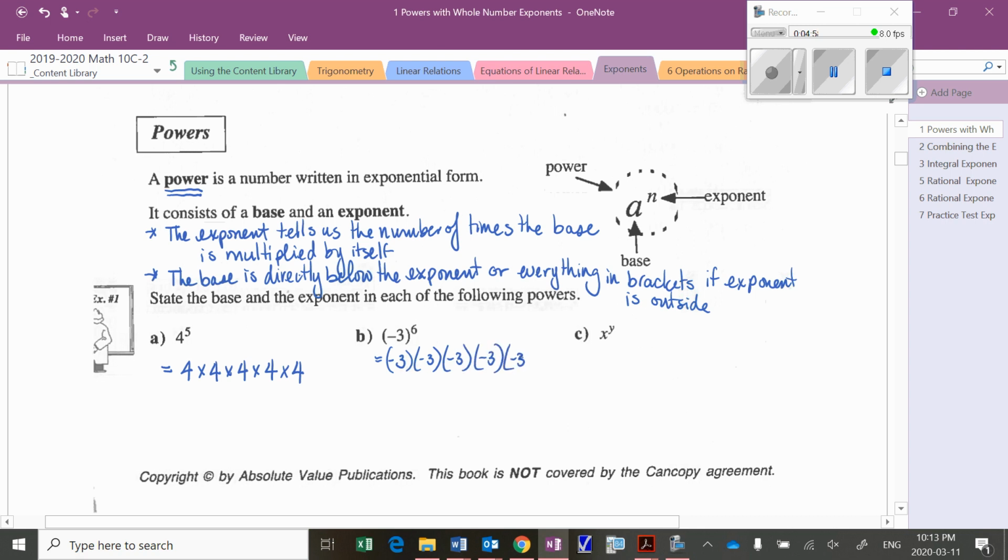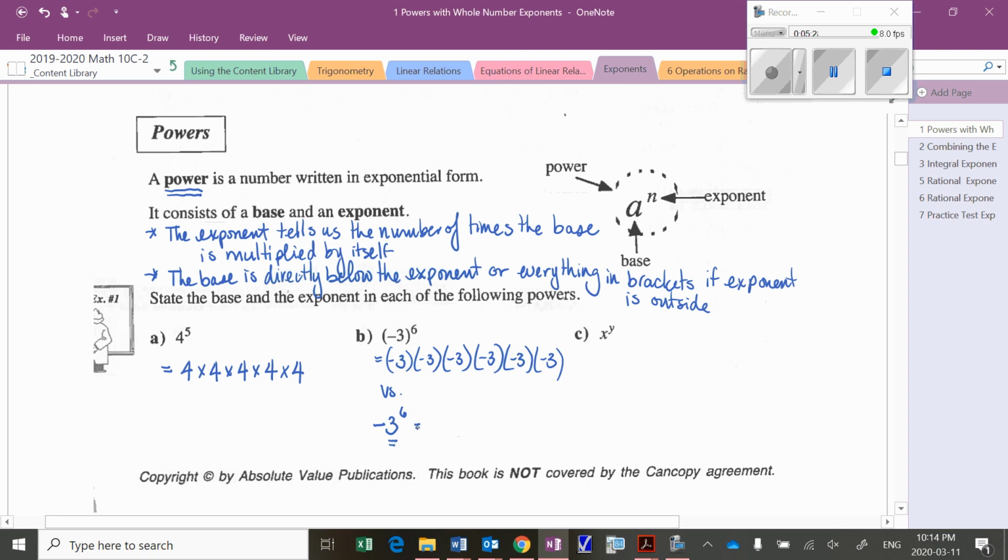And you notice with multiplication, again, I can use the little times symbol that looks like an X, or I can use brackets, parentheses as well. It's saying exactly the same thing. So versus the difference, if I had minus 3 to the 6 and no brackets, then the base in this particular case is only the 3, not the negative.